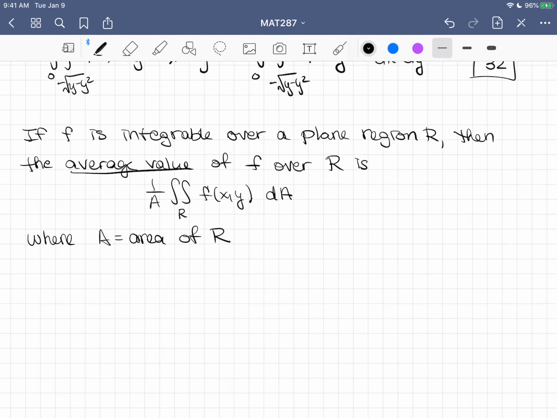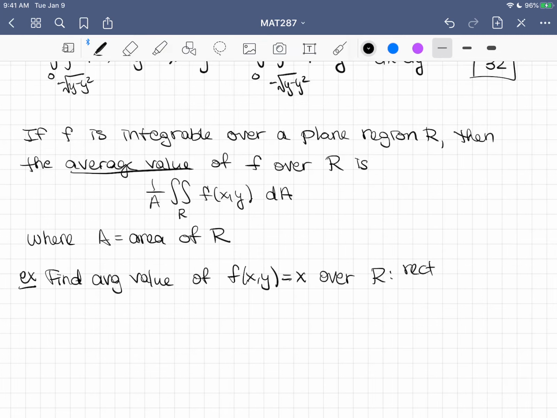Okay, so I just want to do one quick example of this. So let's find the average value of f of x y equals x over R, which is the rectangle with vertices (0, 0), (4, 0), (4, 2), and (0, 2).